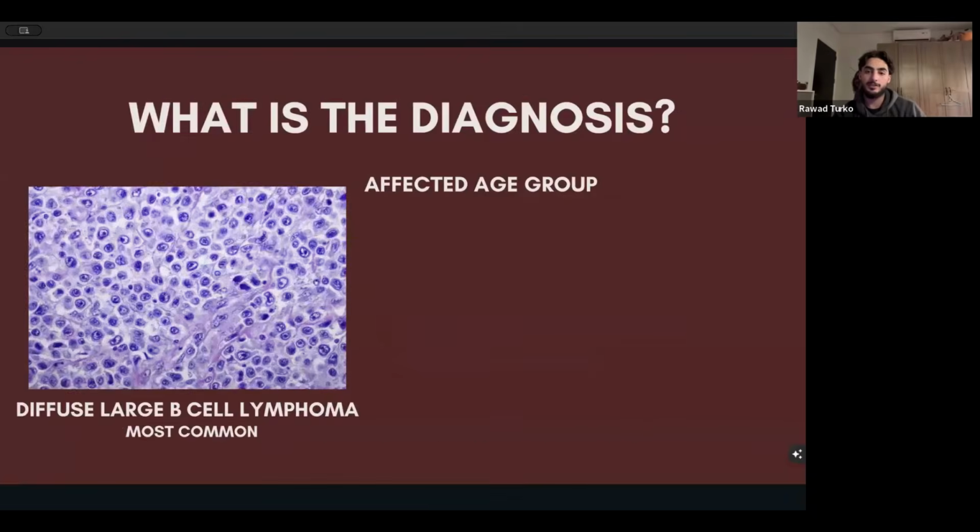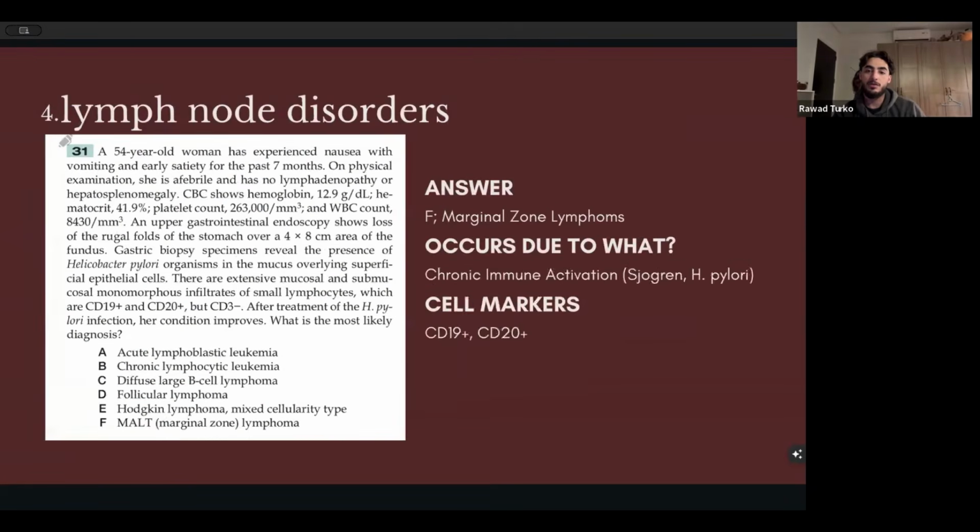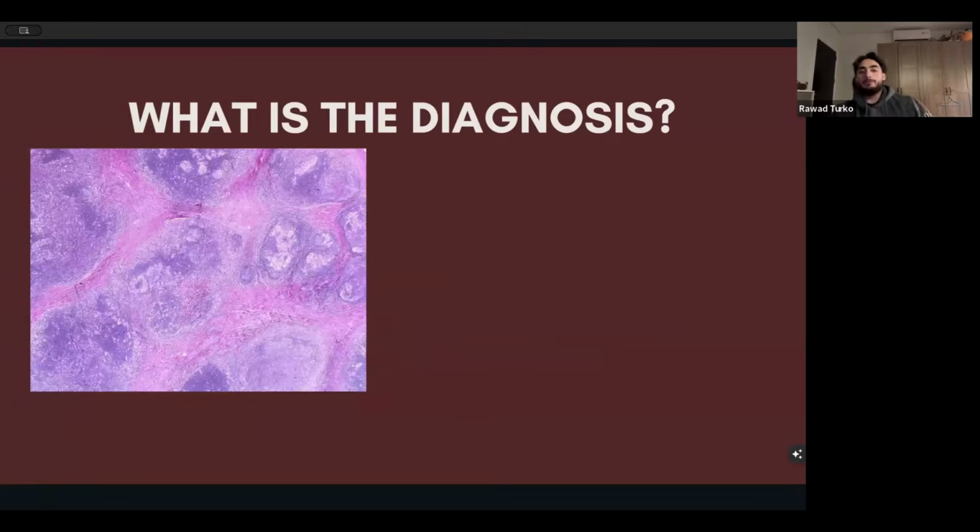Now, who can tell me what the diagnosis is here? This is a 27-year-old female with a mass in her anterior mediastinum, and you do a biopsy, and this is what you see. So what is this called? Perfect. This is nodular sclerosis, which is the most common kind of Hodgkin's lymphoma, by the way.